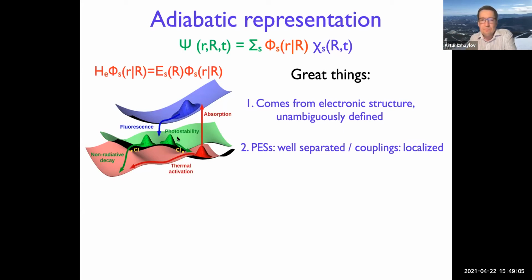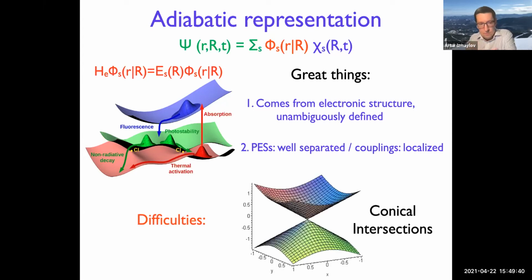This is unambiguously defined in contrast to, say, diabatic representation, and can be obtained on a relatively regular basis from the electronic structure codes like Gaussian or Molpro. So it's quite easy. Now, these potential energy surfaces are well separated usually, and if those surfaces come close to each other, they're coupled, but the couplings are somewhat localized in the configurational space of nuclei.